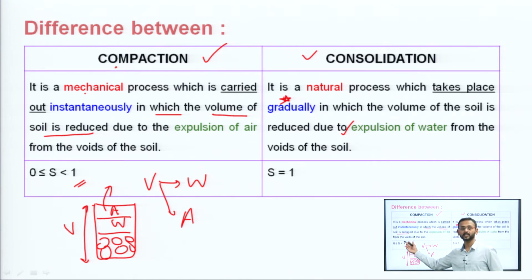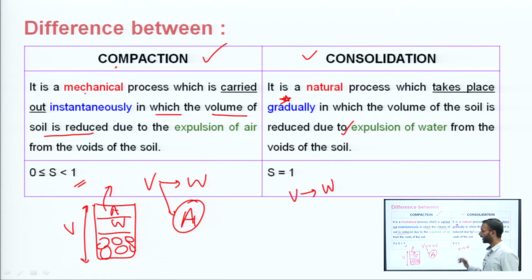But in case the S value tends to 1 or becomes 1, all the air has been expelled out. So, when all the air is expelled out, voids contain only and only water. At that point of time the consolidation process will begin.